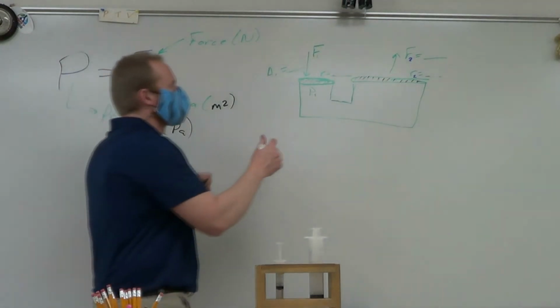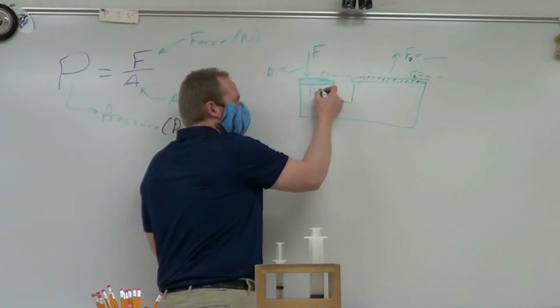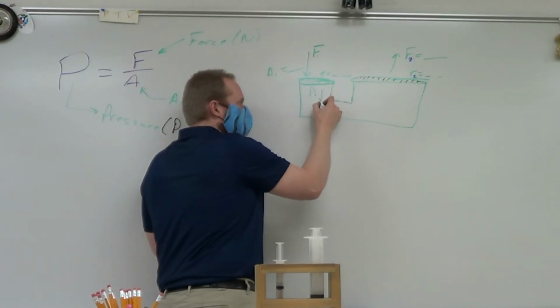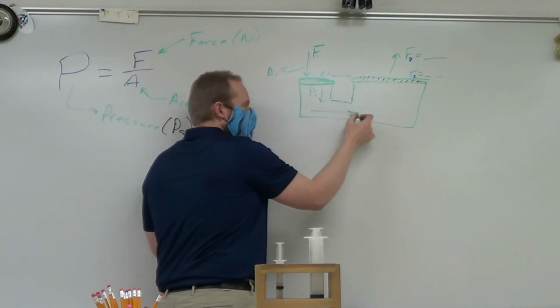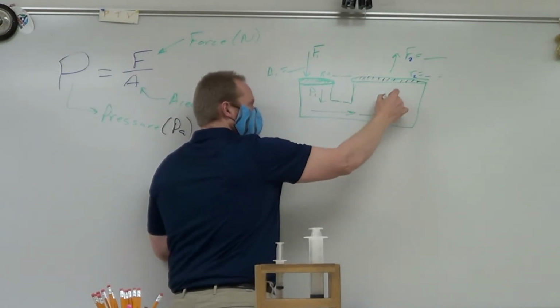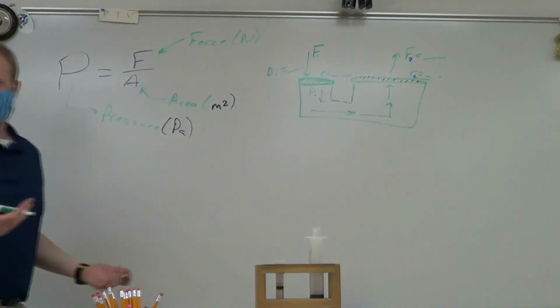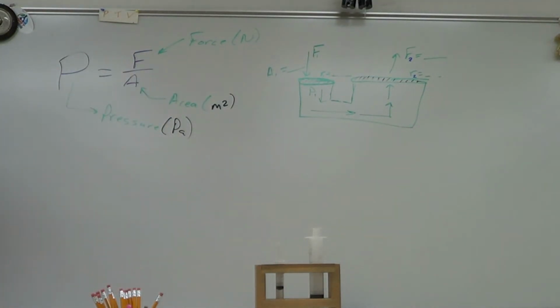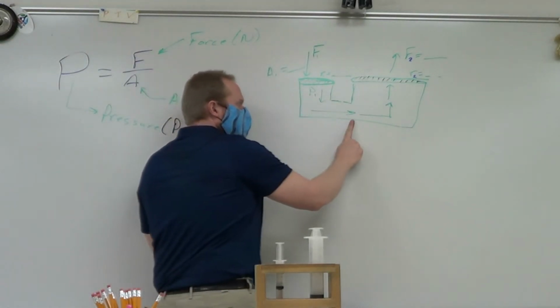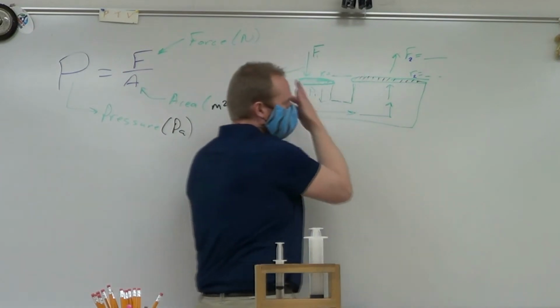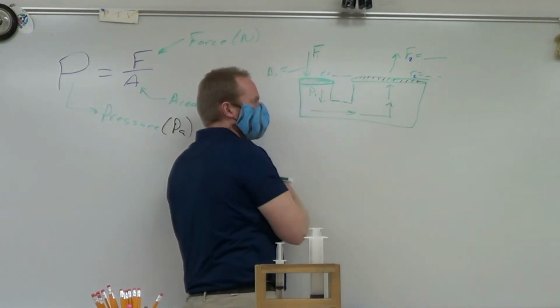So what happens when I exert a downward force here? Well, it pushes down here, and then it hits this turn, and then it pushes this way, which then pushes this way, which then causes that to go up. And if I were to take a pressure gauge, and if I were to attach it right here, and right here, and right here, this is what we consider to be a closed system.